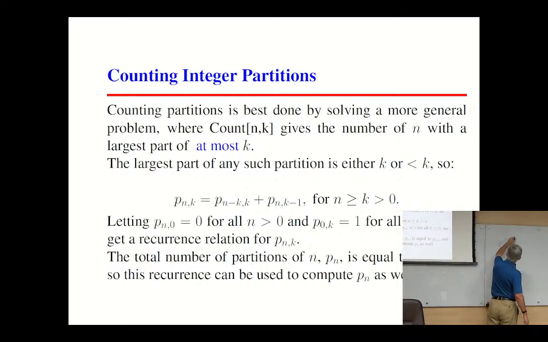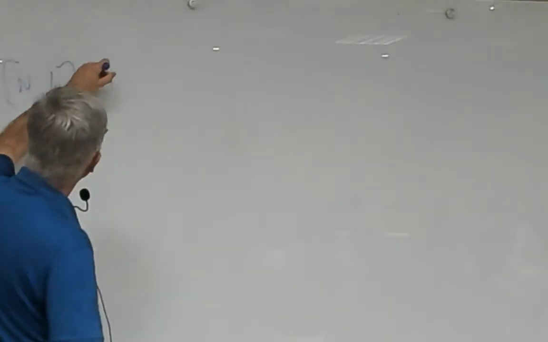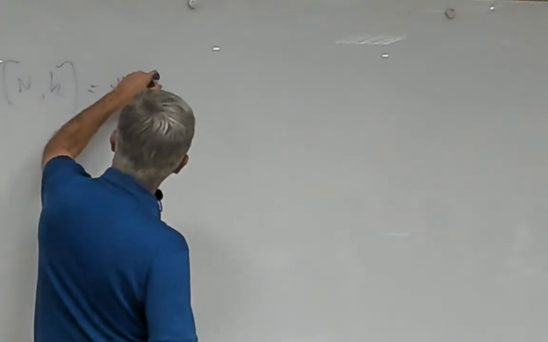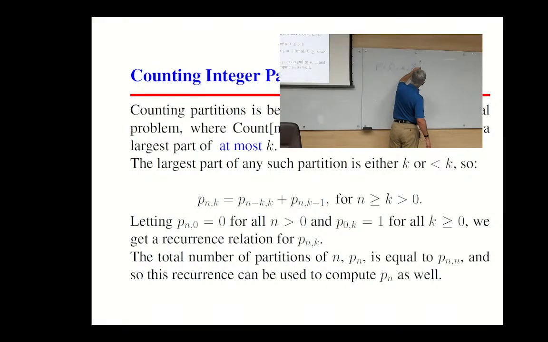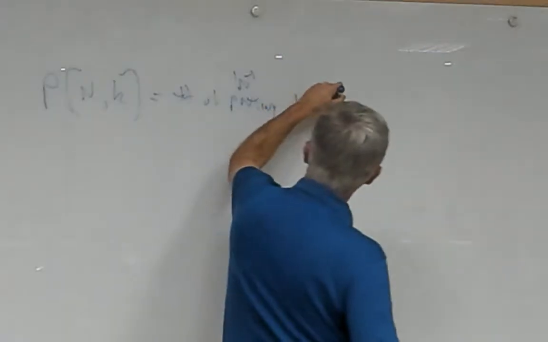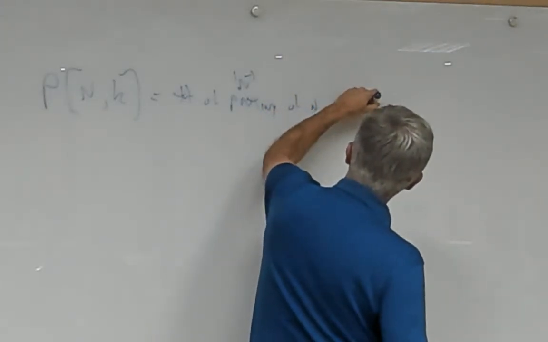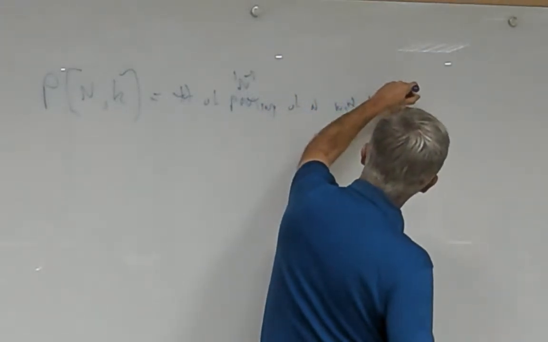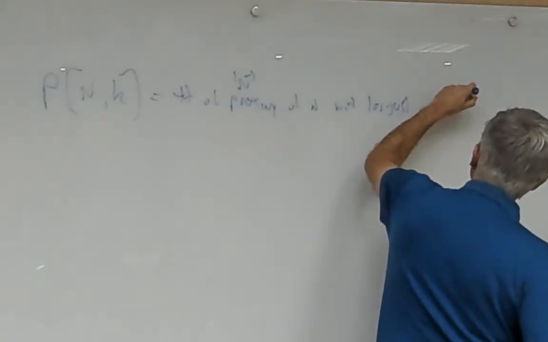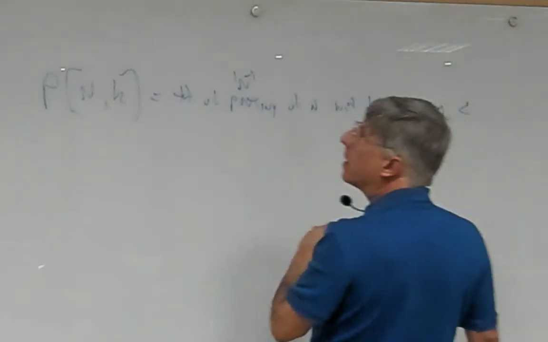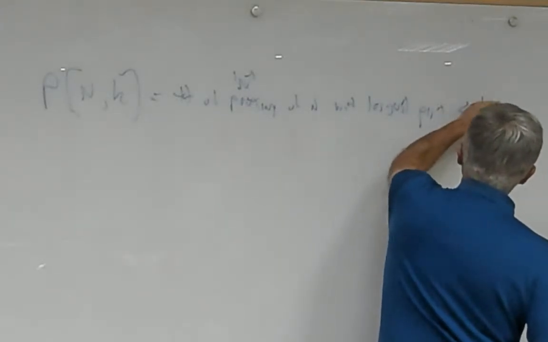So if p(n, k) is the number of integer partitions of n with largest part less than or equal to k, right?